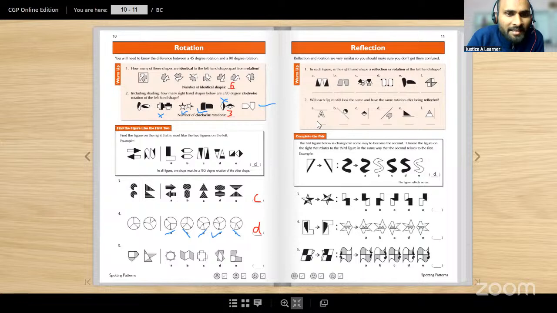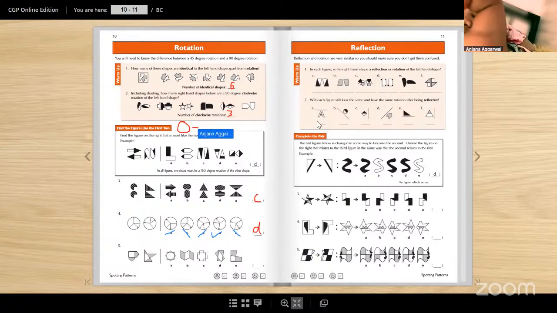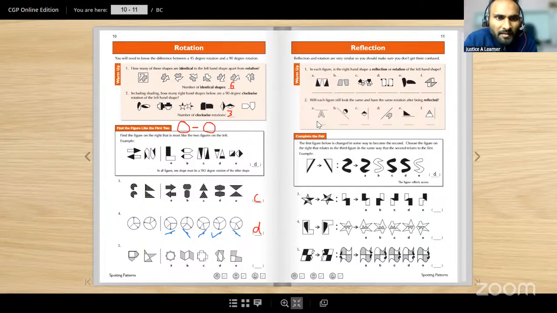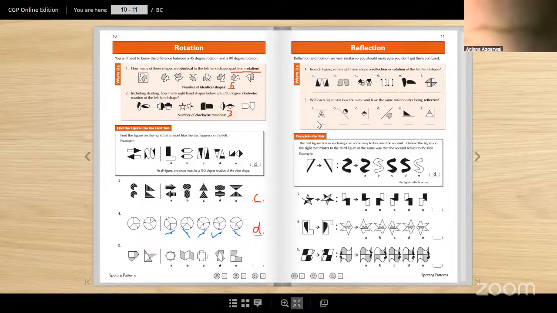Do you understand identical shapes? Yes. What are identical shapes? If this is a shape, then the identical shape to that would be this, like the same circle. So in the first question, can you check it once again? Now it says identical shapes apart from rotation, so the rotation can be different. So how many of these shapes are identical to the left-hand shape apart from rotation?